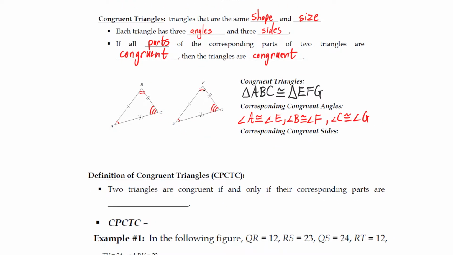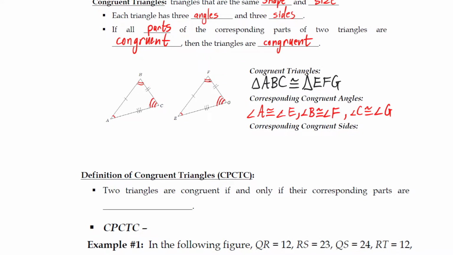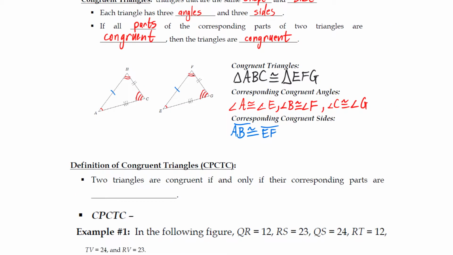All right, next is the corresponding congruent sides. Okay, and the order of the letters is going to matter here. So side AB. What's congruent to side AB? EF. Okay, and I know that because there's 1 mark here, there's 1 mark here. All right, BC is congruent to what?